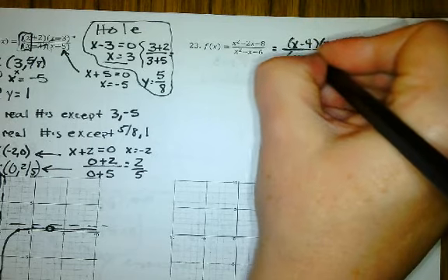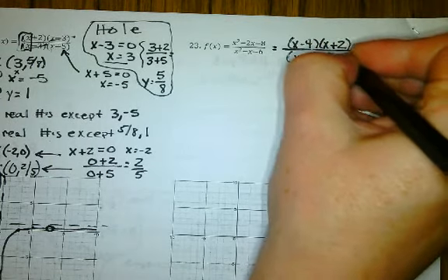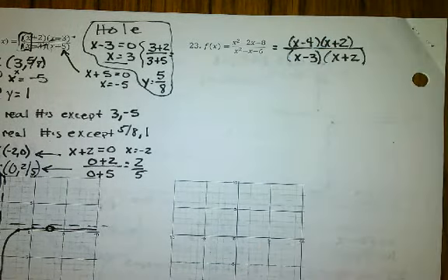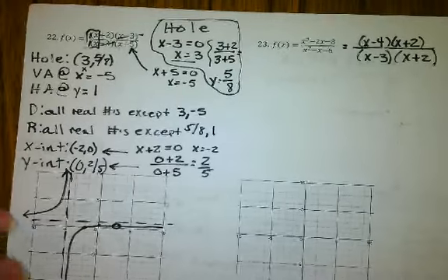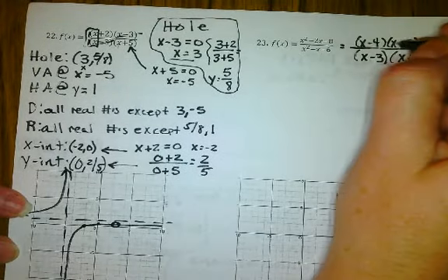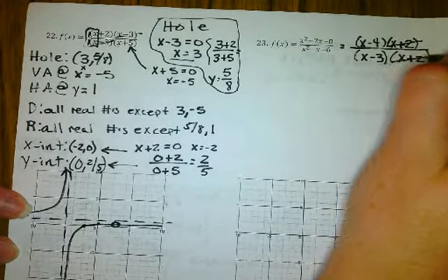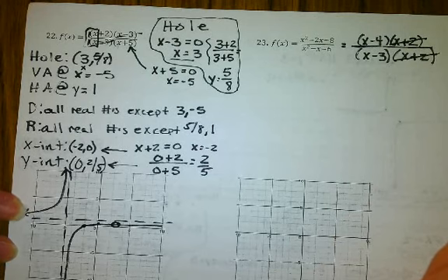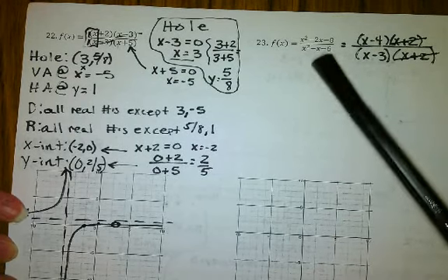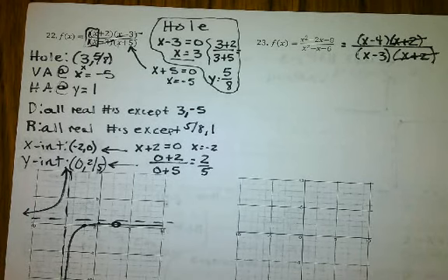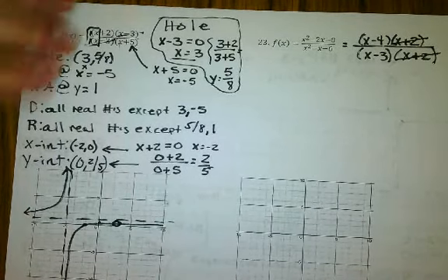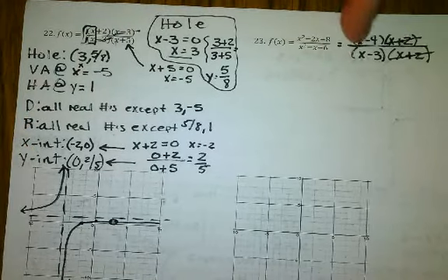And then you're going to get x minus 3 and x plus 2. So again, it's going to work out just like this one here. Again, you'll notice that your hole is right here. So really just start off right there with finding your hole. And then once you get your hole, start going down the list of everything you need to do. And again, remember the key's online. So use this one to help you. Do this one by yourself and then check the key.